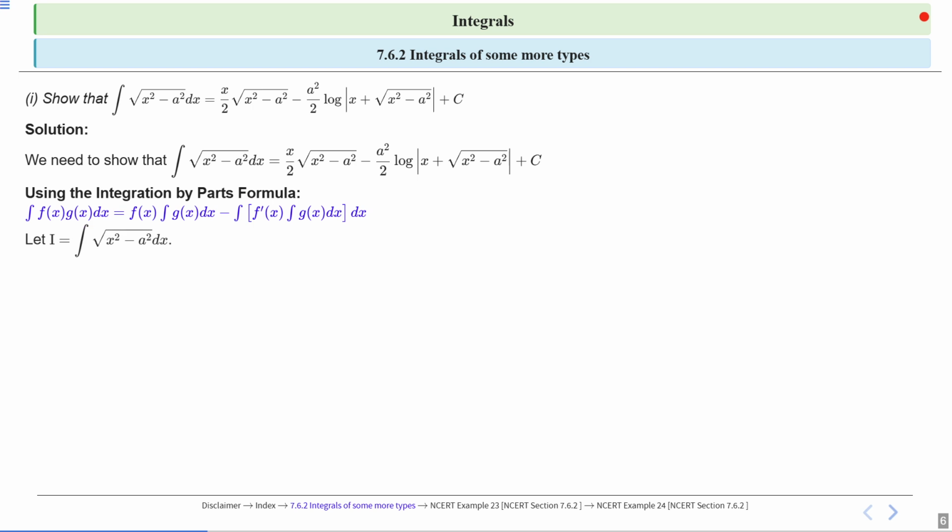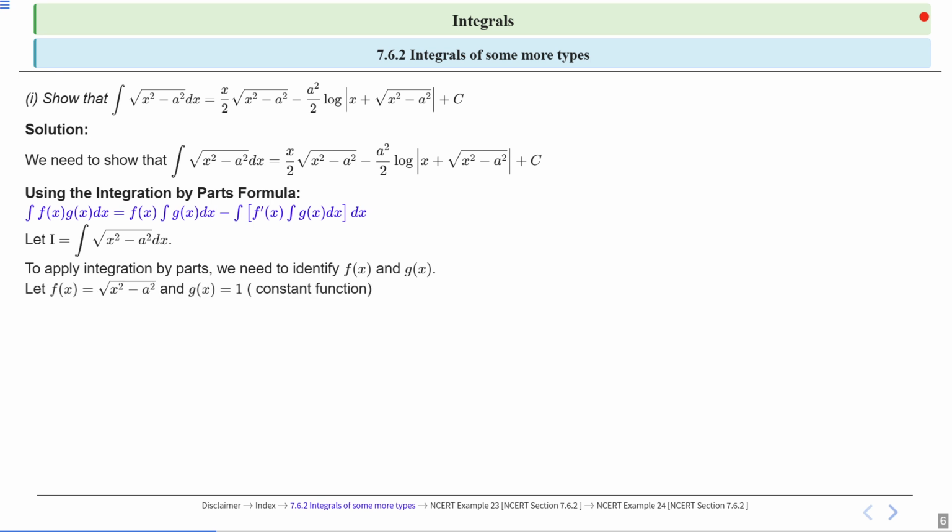So we have to integrate. Let I be equal to integration of root under x square minus a square dx. To apply integration by parts, we need to identify f(x) and g(x). So clearly we take f(x) as root under x square minus a square and g(x) as 1. Why?